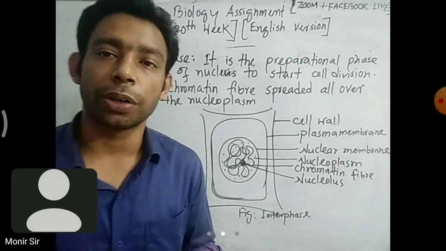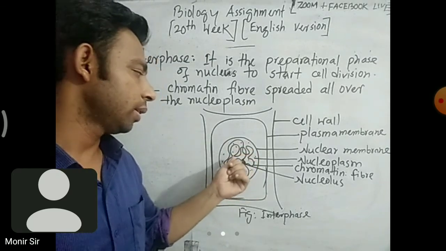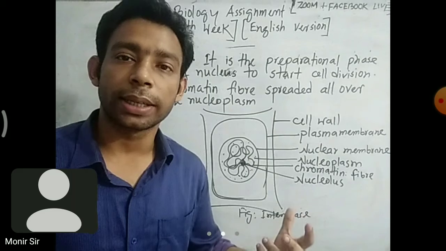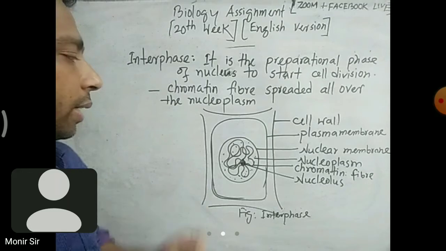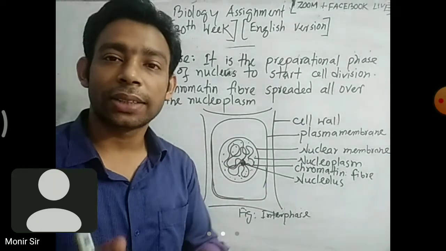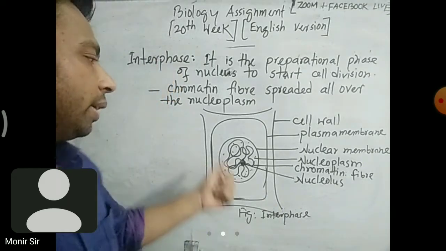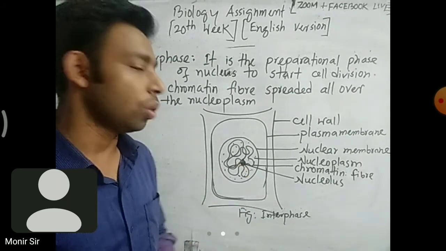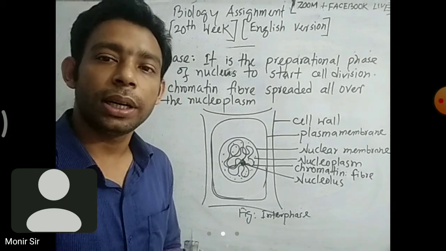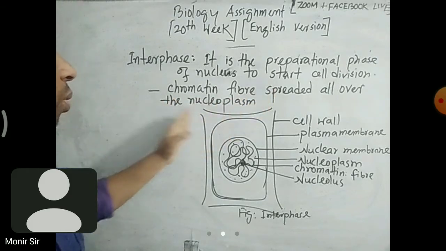So it is called the preparational phase of the nucleus to start the cell division, where the chromatin fiber, we told that it is a chromosome, but before starting prophase in the interphase, it looks like a thread, like a structure twisted here and there, and we can tell this one is a chromatin fiber. Okay, this one is known as chromatin fiber.